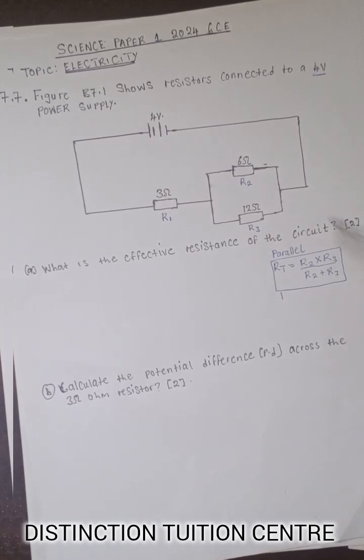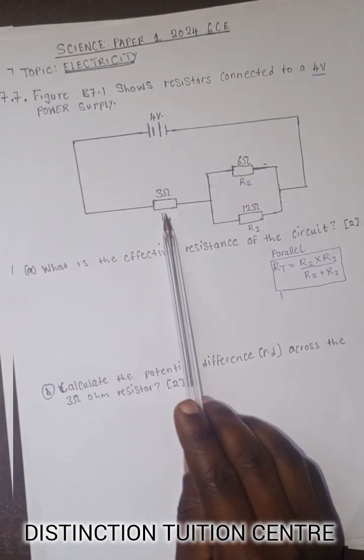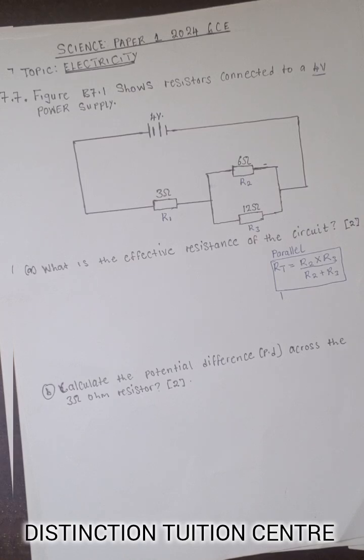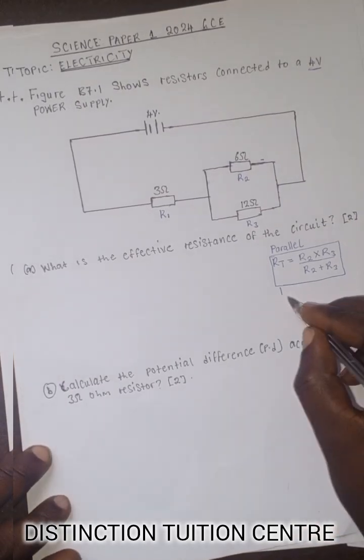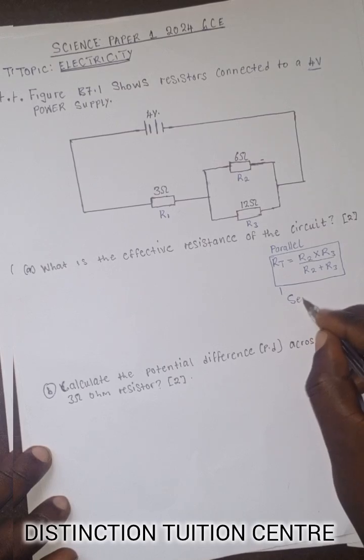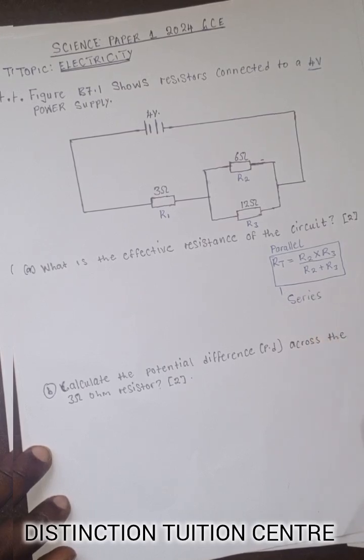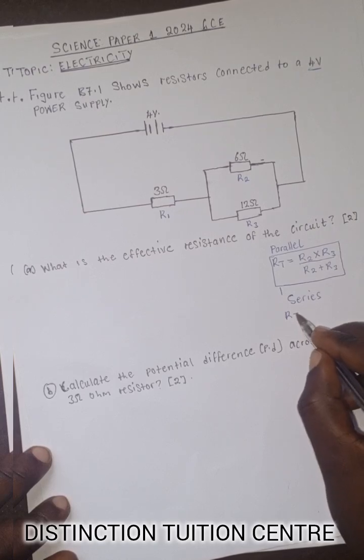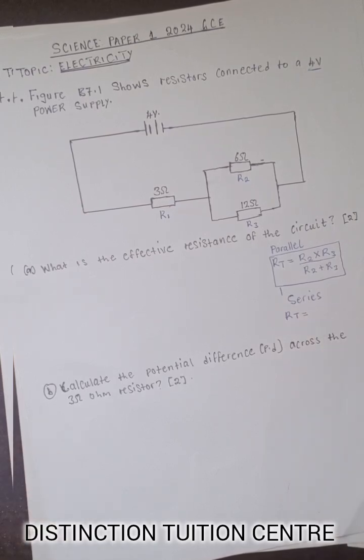Despite having these in parallel, we also have the 3 ohm resistor, which is in series compared to this one. So how do we find that? For the series connection, the effective or total resistance is given by simply adding the resistors.